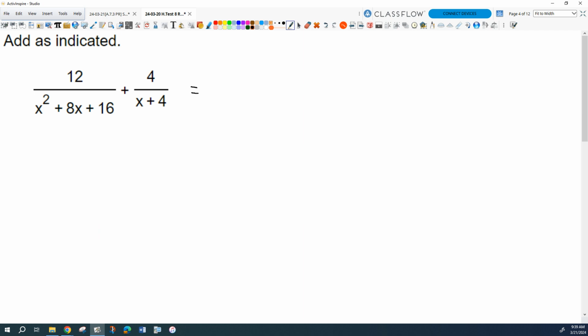Okay, so first fraction, we've got 12 on the top. What about our denominator? X plus 4 squared. Okay, plus the second fraction is already factored. So do I need to multiply the first fraction top and bottom by anything?